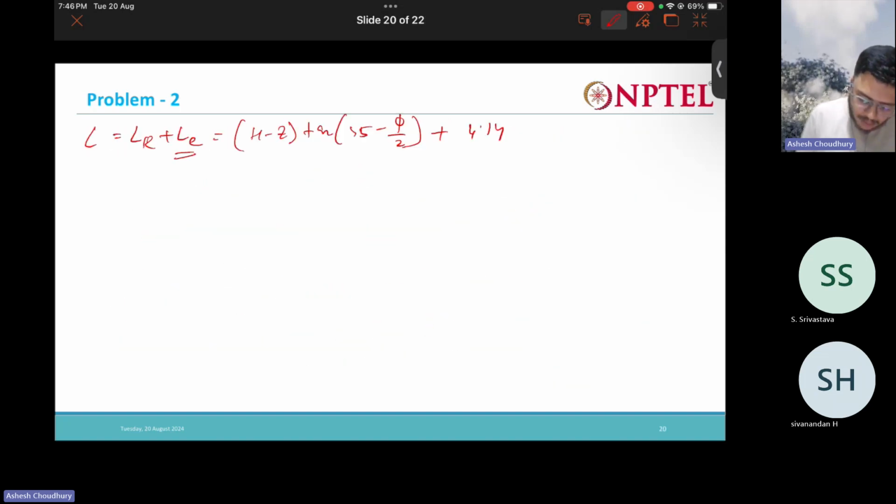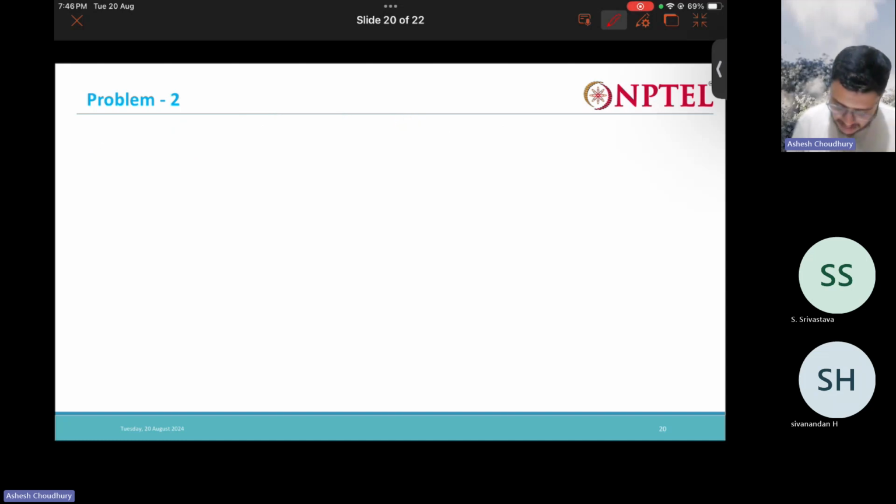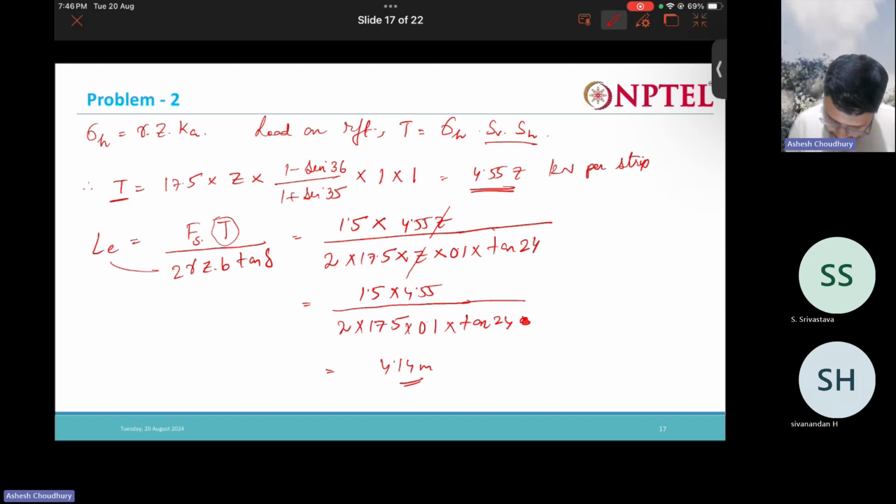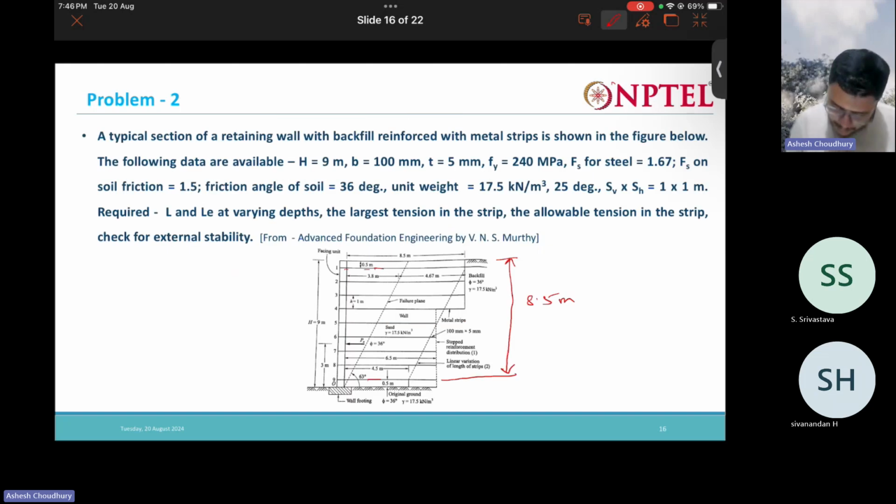So for z equal to 0.5, I will get L as how much? H is 9 meter. So 9 minus 0.5 times 10, 45 minus 36 by 2, plus 4.14. It is coming as 8.47 meter. Now check how much they have given here. They have given 8.5.